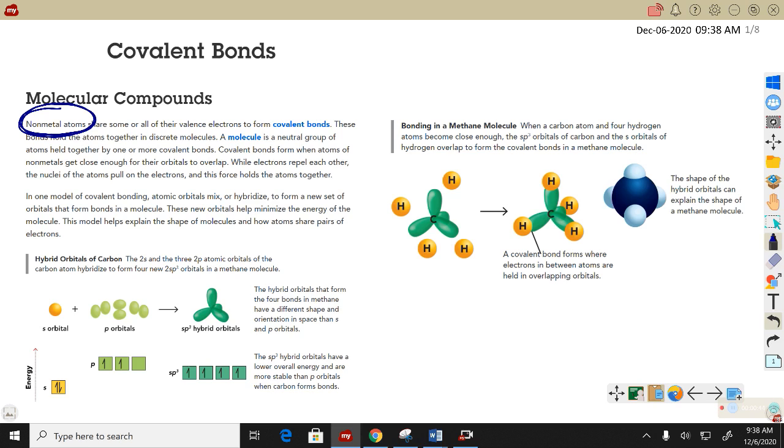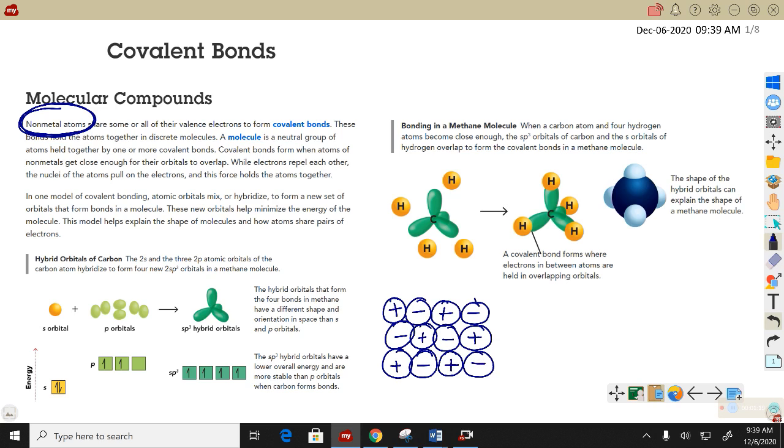shell. Now, one other thing that we should mention is that the ionics were always thought of as these big crystals where you can't really tell where one molecule starts and another one ends. I could have a crystal of sodium chloride, and it's just all of these ions that pack real tight together because the attractive forces are so strong, right? And we're talking about these really strongly charged ions, positive, negative, positive, negative, and so the ions just packed together in this very organized crystal structure.